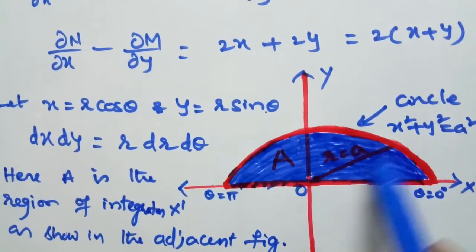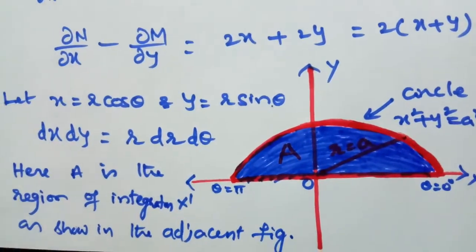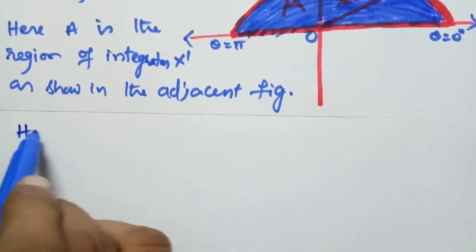From origin to boundary, that is, r varies from 0 to a.